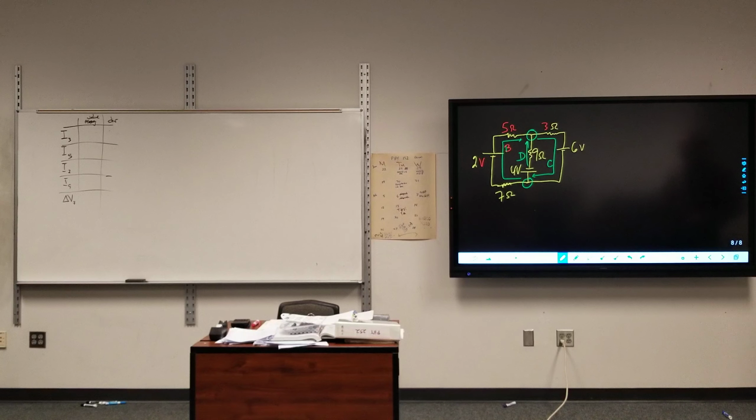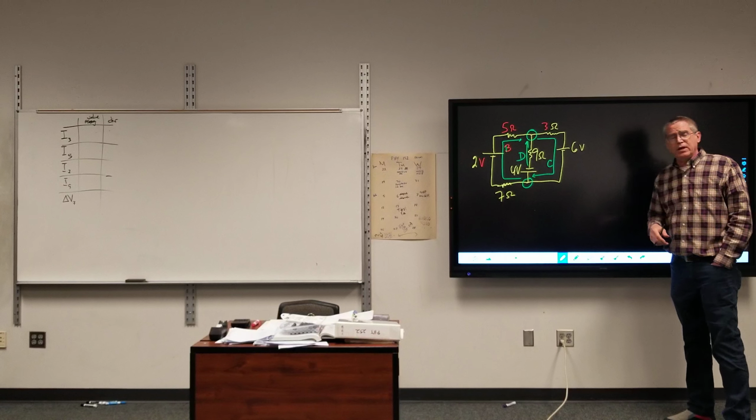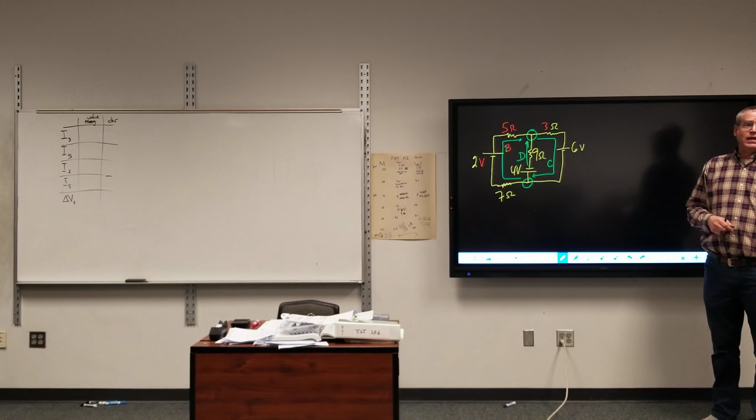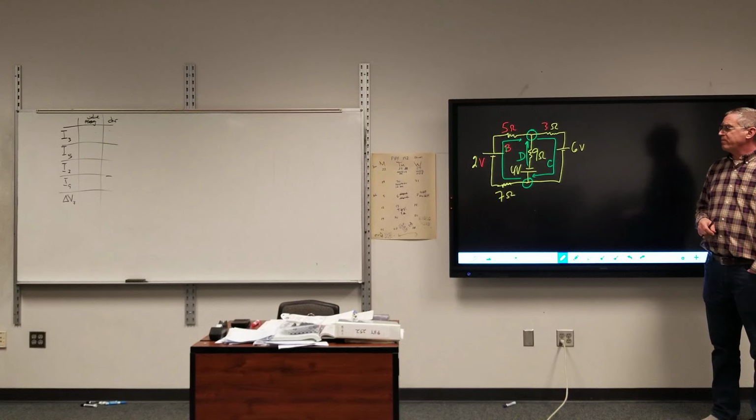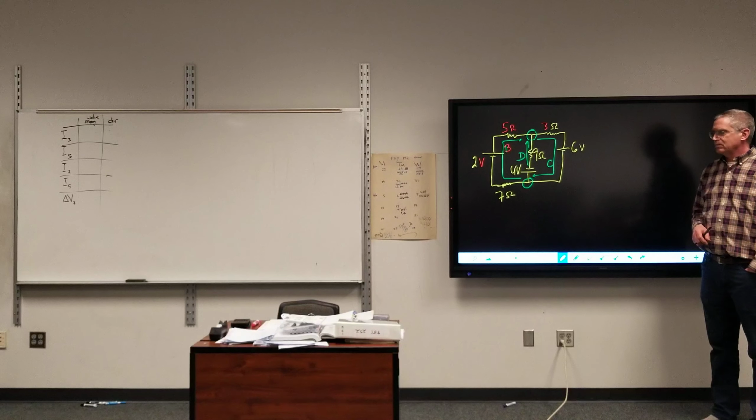My first equation, or the first one we're going to do, is the junction rule. Current in equals current out. So what would my first equation be? Someone take a shot.